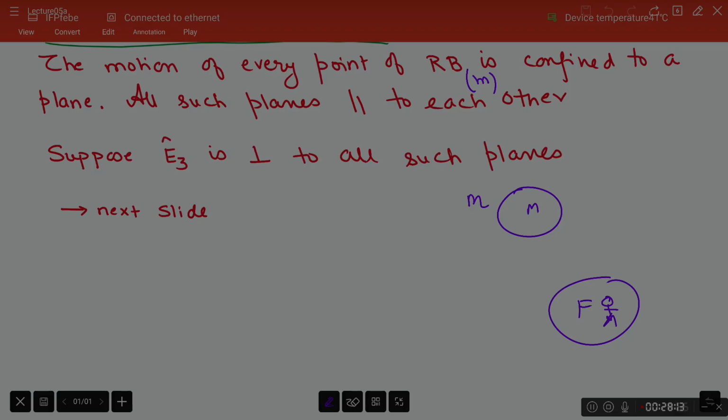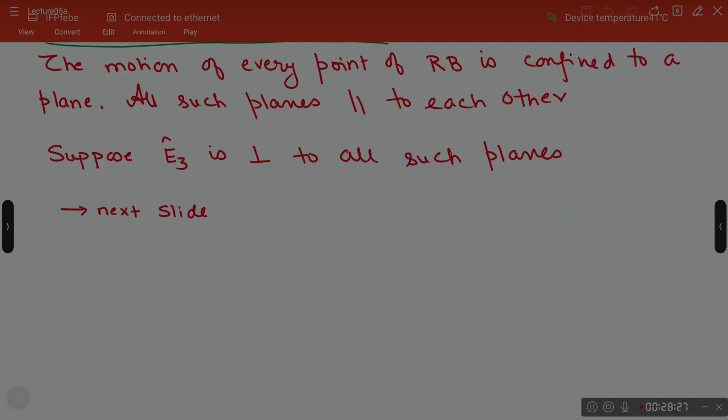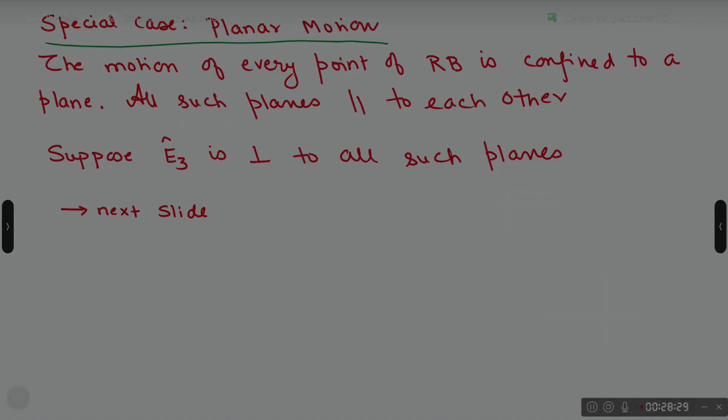Every point of RB moves in a given plane, and all such planes are parallel to each other. If body M is performing a motion of that type, we say that M is having a planar motion with respect to it.